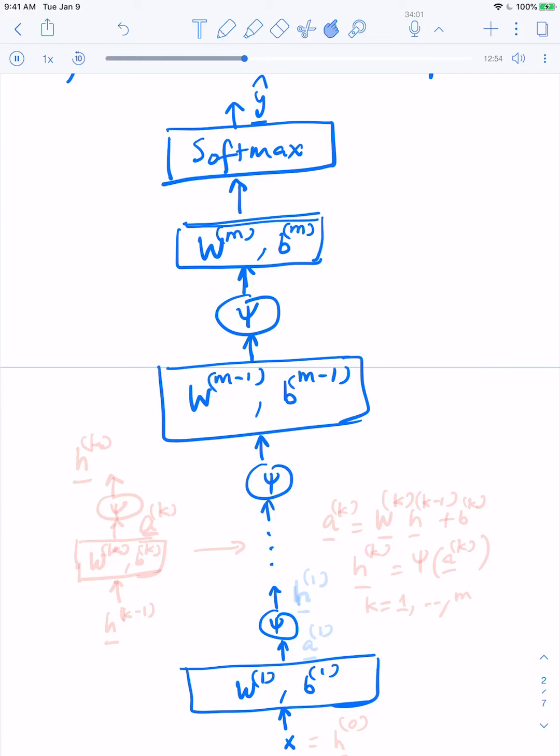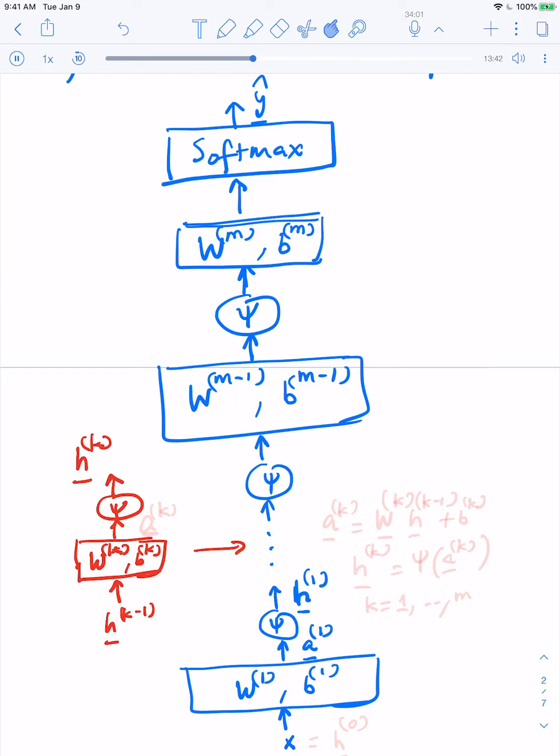And the notation we have is that the output of a given layer after the nonlinearity is called H, and the one before is called A. And I'm going to just change pen color and say, okay, for the kth layer out here, some generic kth layer, my picture is WK, BK, psi, giving me HK, and what's coming in here is H K minus 1.